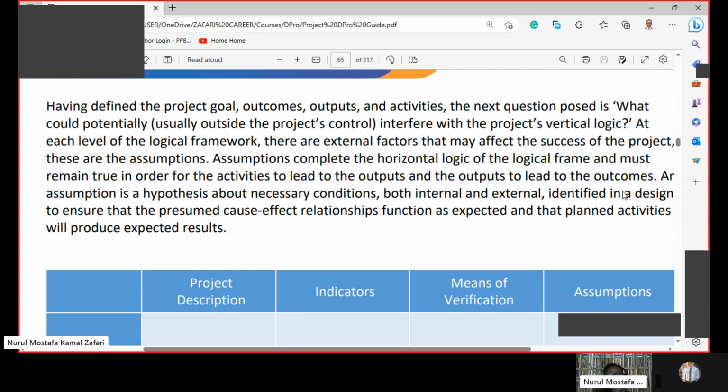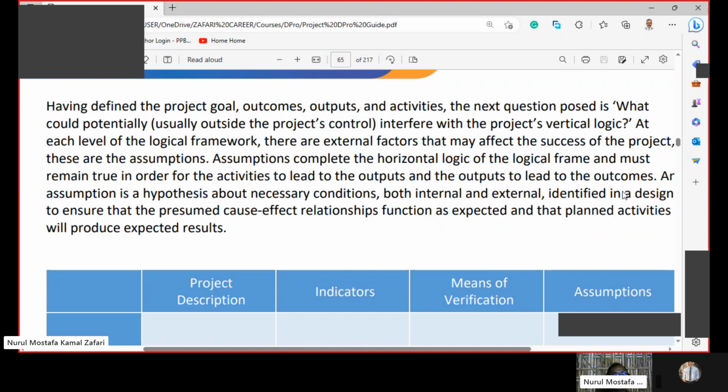Assumptions complete the horizontal logic of the logical framework and must remain true in order for the activities to lead to the outputs and the outputs to lead to the outcomes.